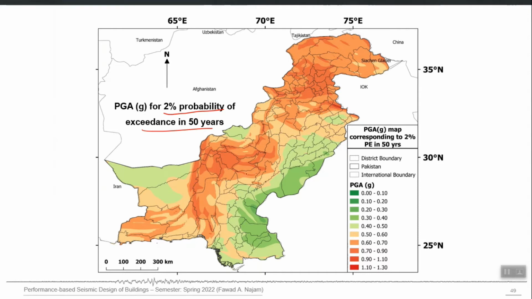So if you have more earthquakes at a certain location in the past, when you apply that methodology, ultimately you will get a high hazard for that area, because the seismic sources in that high seismicity area will result in a high hazard for the future also.